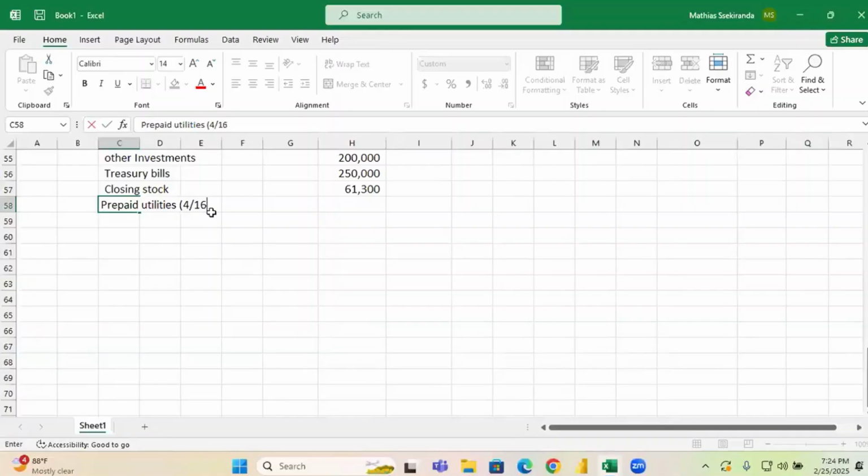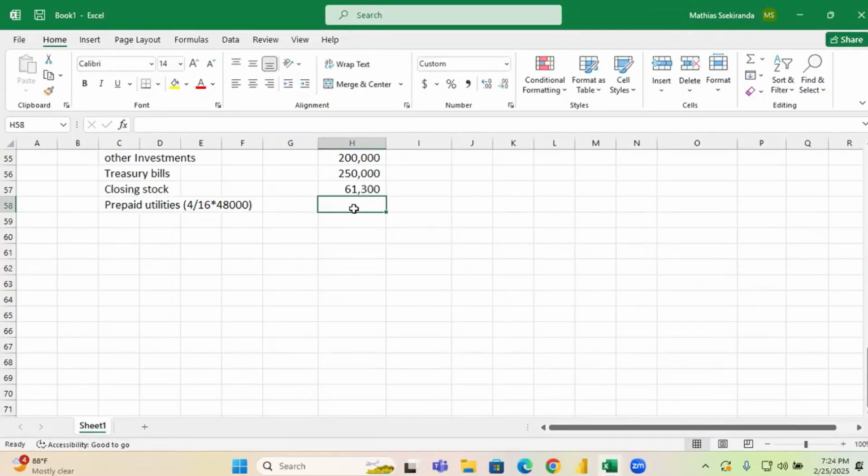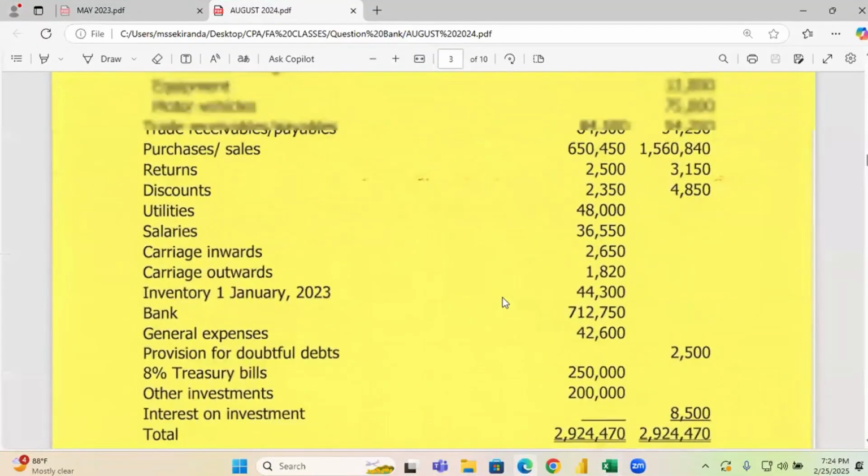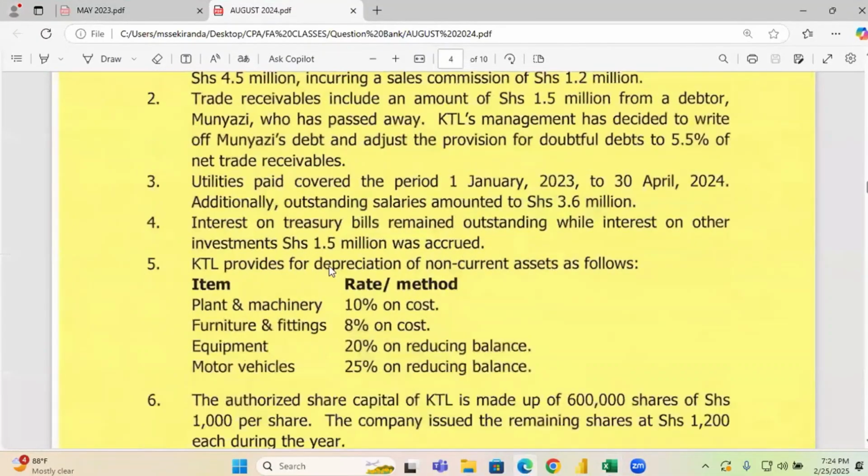So for the 4 months, you come and compute it as well. It is prepaid, the one that was paid up to April. So we had 12,000 as our prepaid. I'm meaning not number 2, not number 3, sorry. The utilities from 1st January 2024 to 30th April 2024 are prepaid because they were paid and they are for the next period.